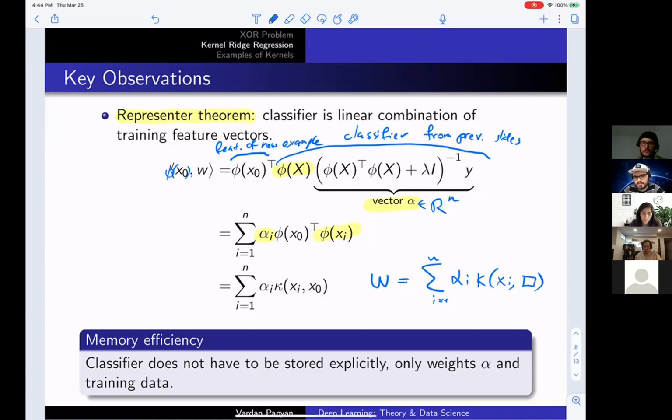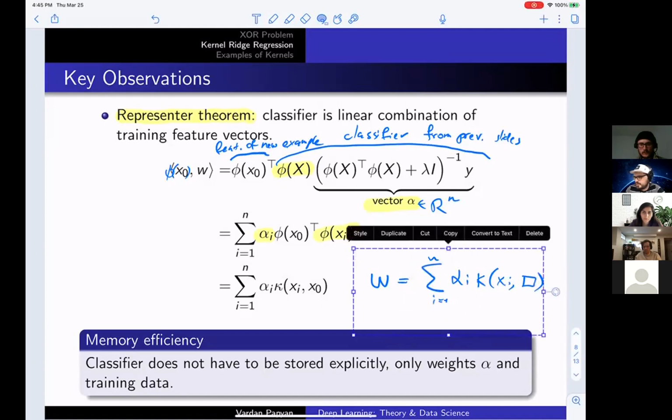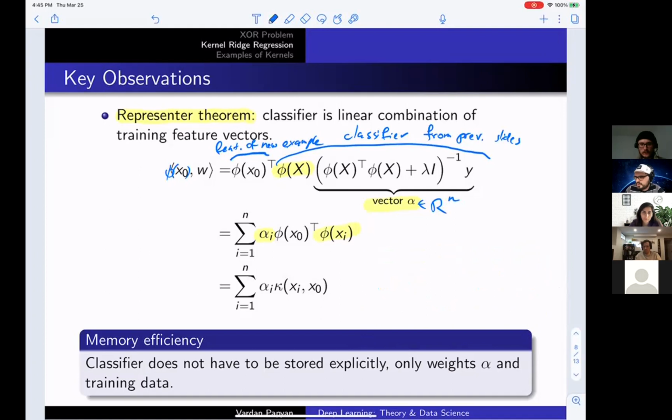You can think of it that way, right? So what's being represented is the linear classifier. Let me write it in even simpler terms. In the simplest possible way I can explain, the classifier is the sum from 1 to n of alpha_i phi(xi). This is the representer theorem.